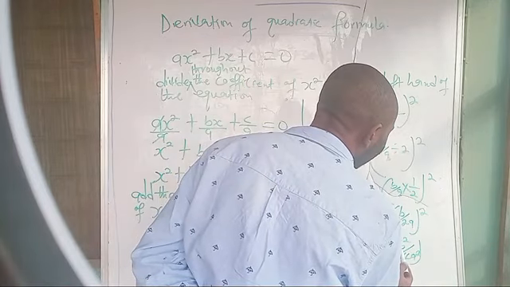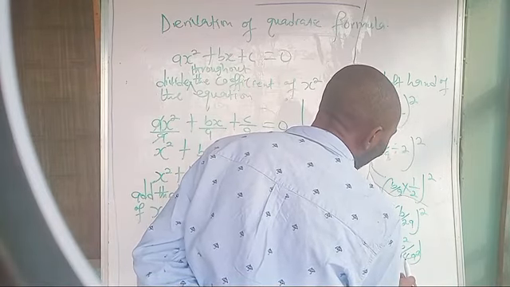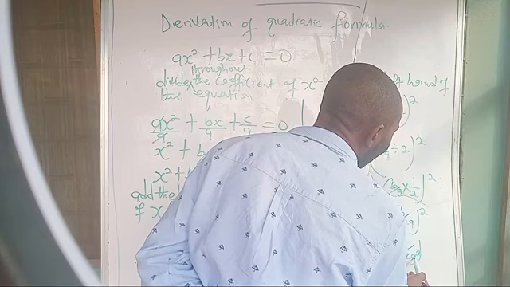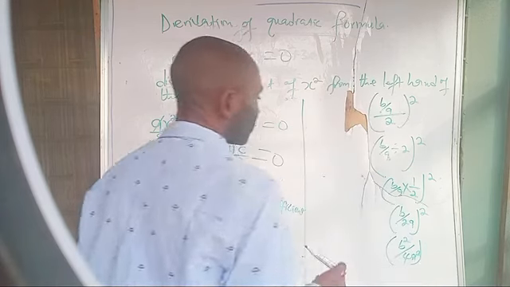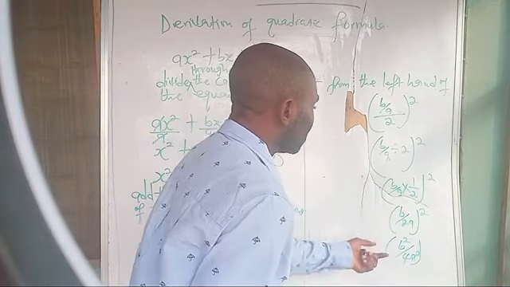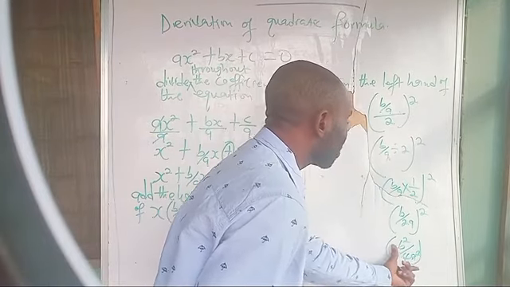So b carries its own square, 2 squared is 4, and a squared is a squared. So now guys, this is the half square of the coefficient of x.